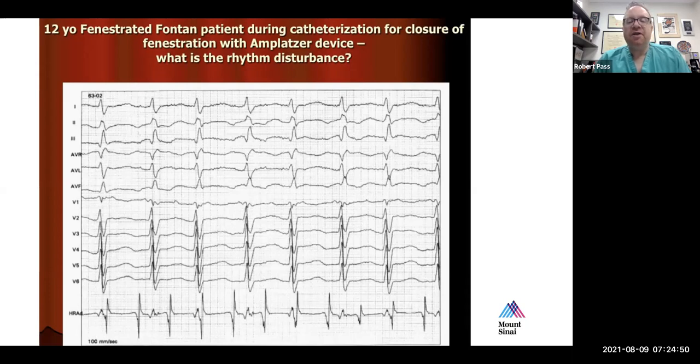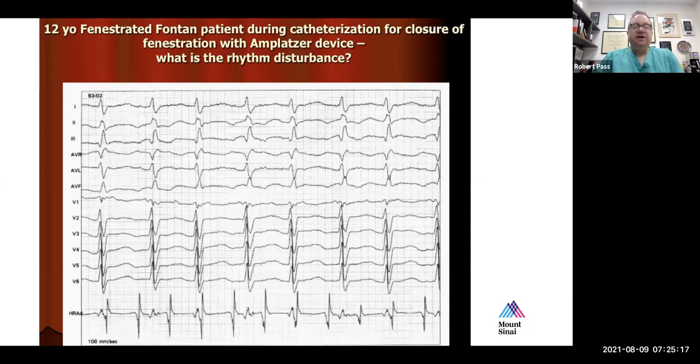When you get complete heart block in the cath lab, do you know how often it gets better on its own? It's not uncommon when you're passing long sheaths across the RV outflow tract and across the tricuspid valve that the wire or the sheath may bang into the His Purkinje system and cause heart block.